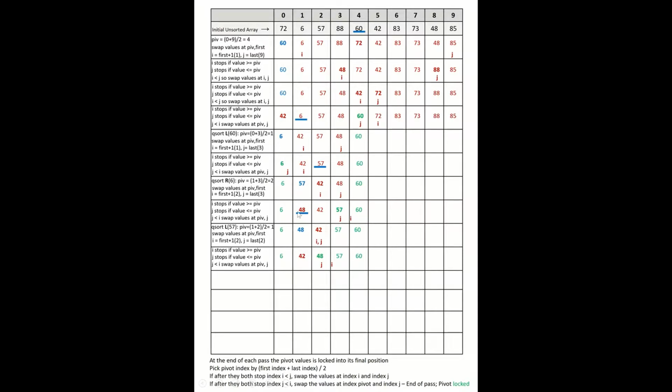And you notice that since it was our 48 that was the pivot, it's now locked in place, in green. We now have to call on the left side to sort the sublist on the left side. When we do, that is a sublist of length 1, and it's already sorted.